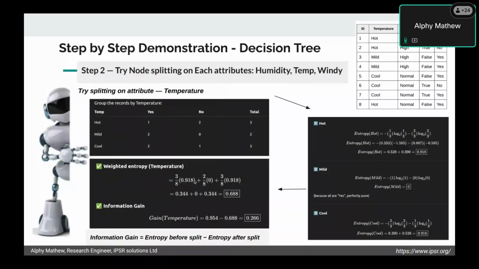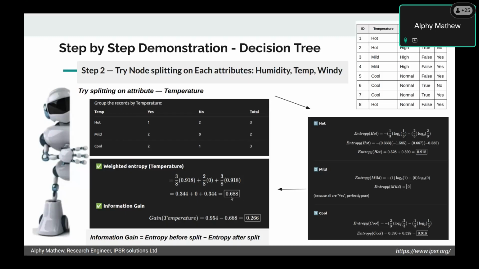Just multiply that with the corresponding entropy of hot, mild, and cool. It is given here. 3 by 8 means probability of hot into entropy of hot, 2 by 8 means probability of mild into entropy of mild, and 3 by 8 into the entropy of cool. Then we will get the weighted entropy of the temperature attribute, and that is somewhere around 0.688.